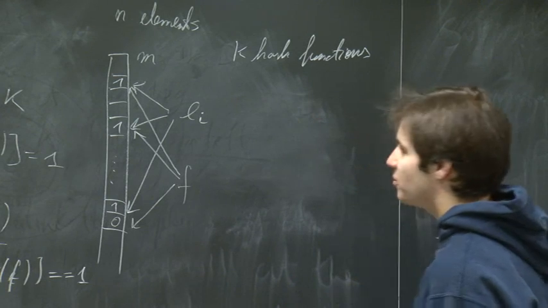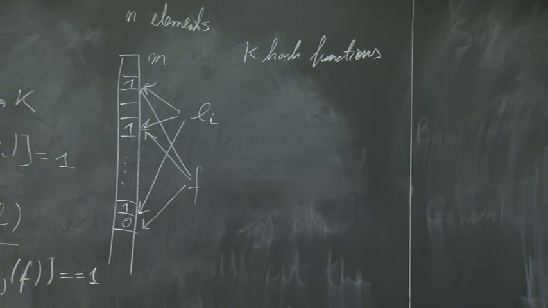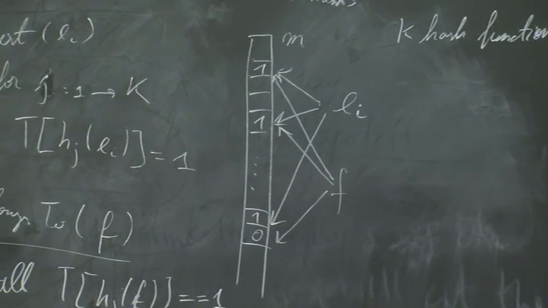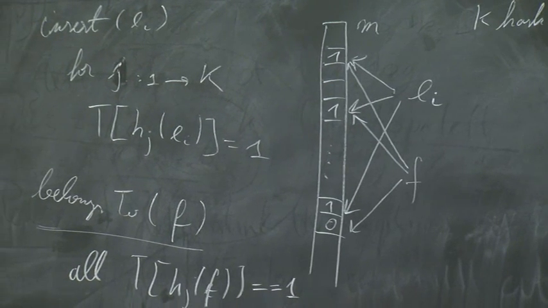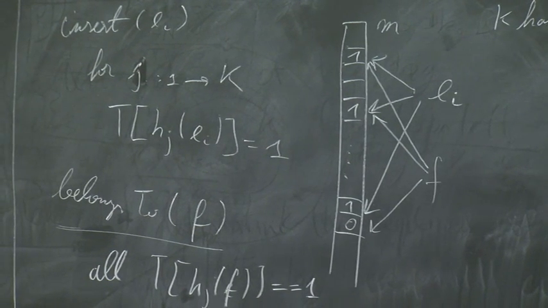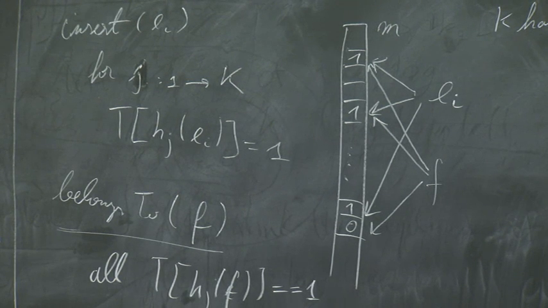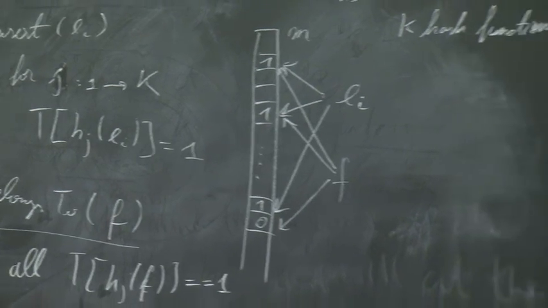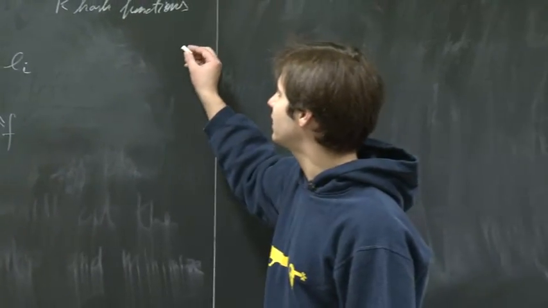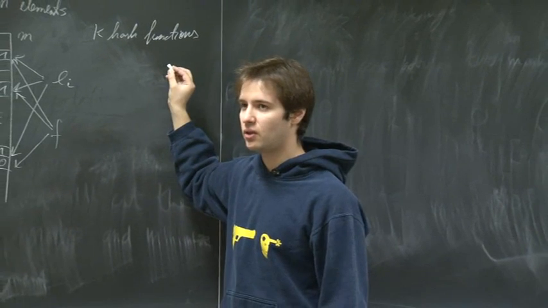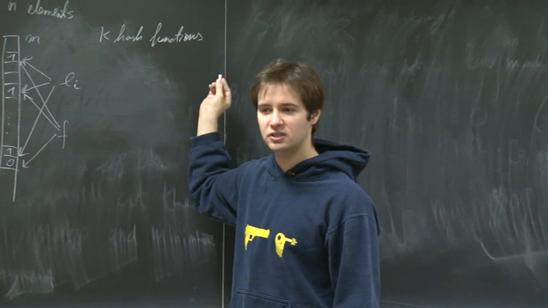So now what's the probability of a false positive? My first intuition is just raising that to a power. The probability that when you check, oh, I forgot to say something, by the way. The k hash functions all satisfy simple uniform hashing, I think.